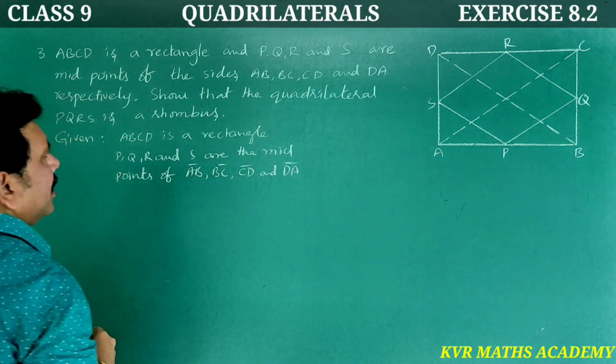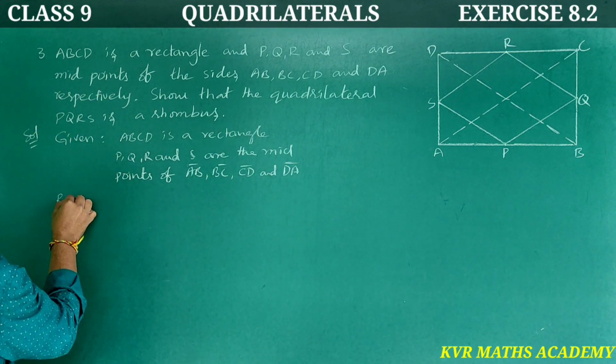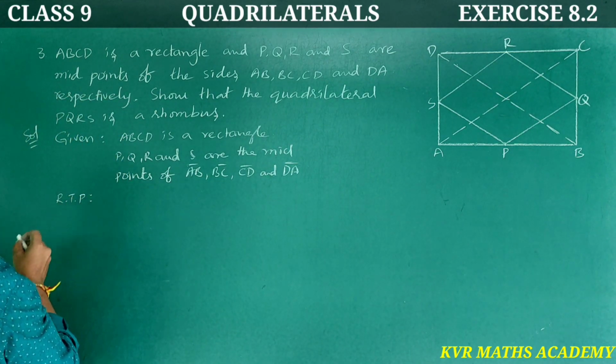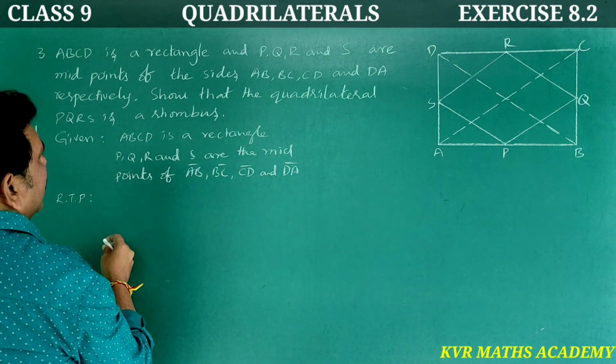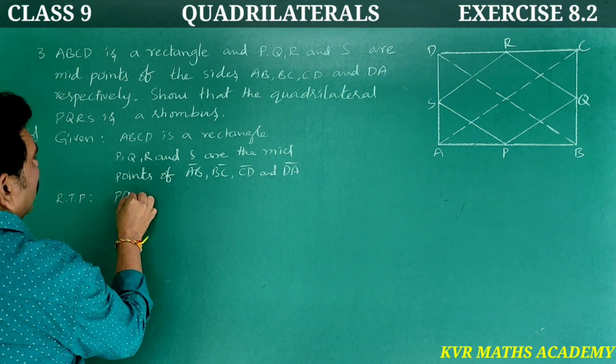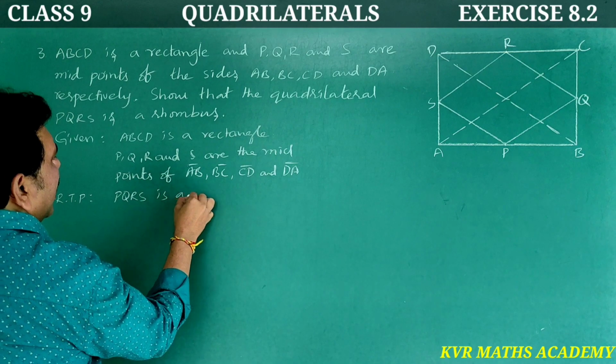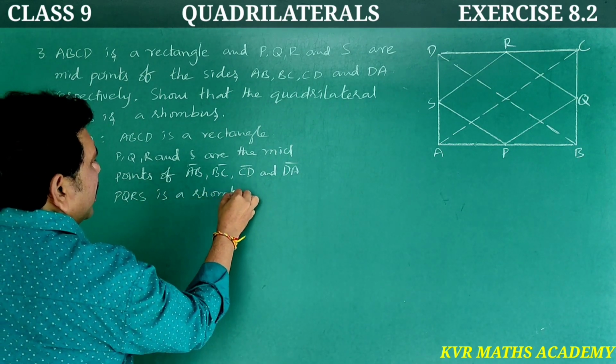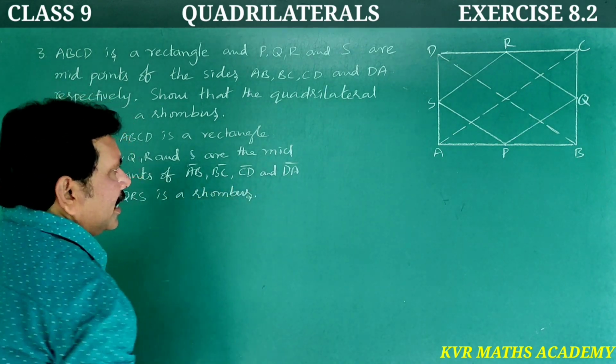Right? Yes. RTP: what we have to prove? PQRS is a rhombus.